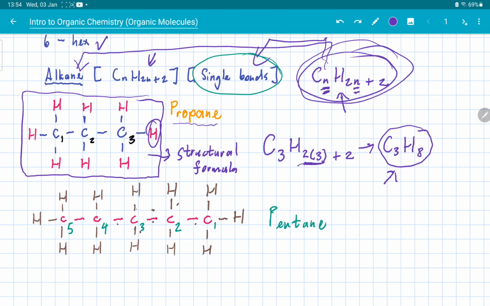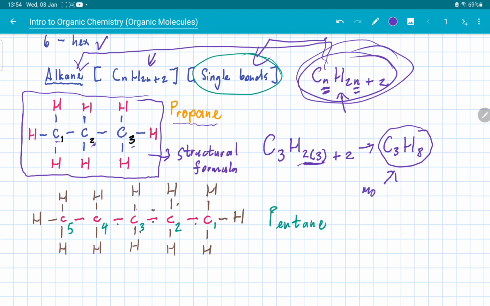If you look at this structure, carbon 3 is bonded to 3 hydrogens, carbon 2 is bonded to 2 hydrogens, and carbon 1 is bonded to 3 hydrogen atoms. So it is shown in the structure how the atoms are bonded and which atoms are bonded to which.